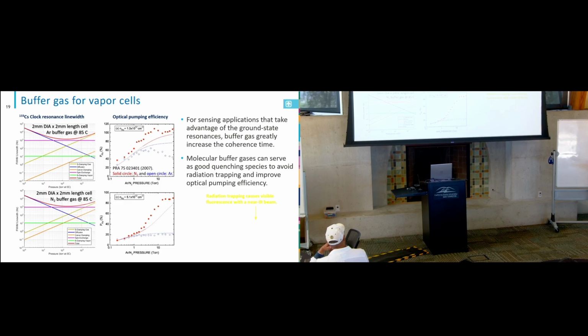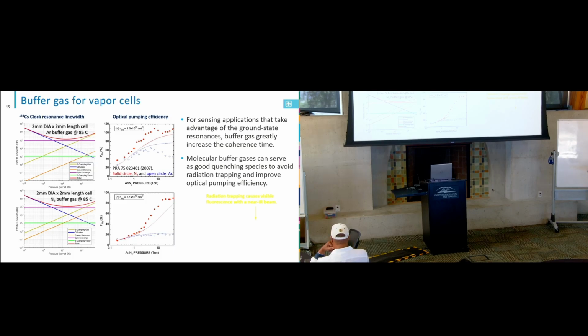And that depends on what kind of buffer gas species we use. For argon, it actually doesn't help with mitigating the radiation trapping because collision between argon and the excited alkali atom will cause spin relaxation in the excited state, but it doesn't help with de-exciting the atom back to the ground state. But if we choose nitrogen, so the difference between argon and nitrogen, apparently this is a diatomic molecule, and this is just a monatomic particle.